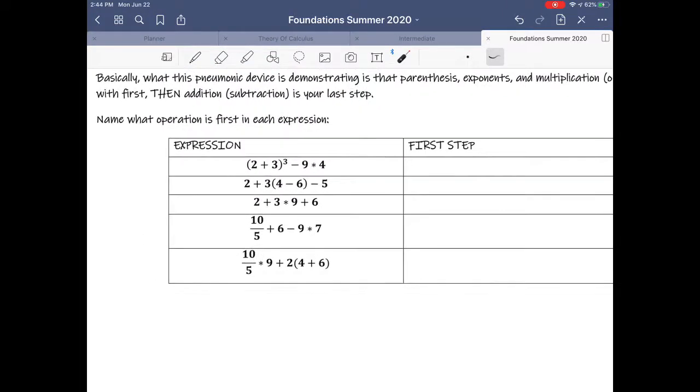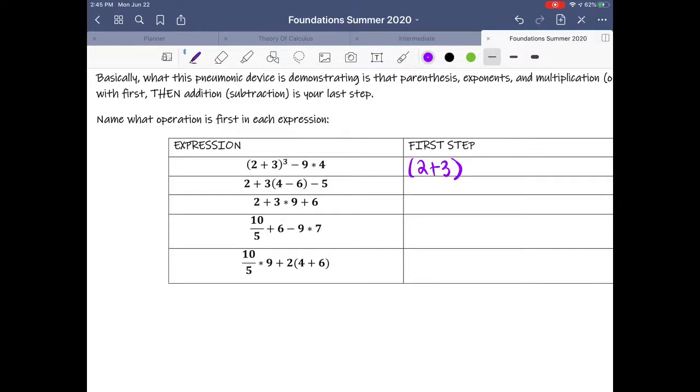So here's a couple examples. We have these expressions and we're just stating what you could do first. There's several options here. So maybe what I see first is not what you see first, and that's okay. If we're following PEMDAS, PEMDAS says you have to do parentheses first. And that is not wrong. You can do parentheses first.